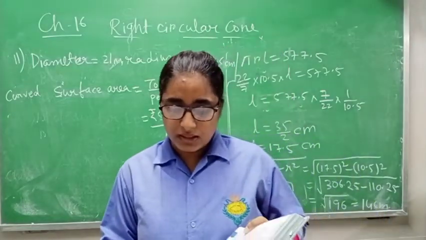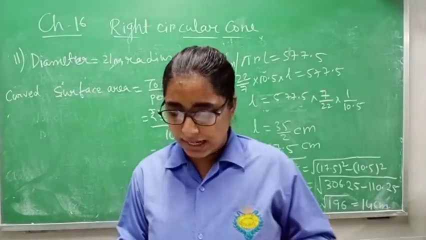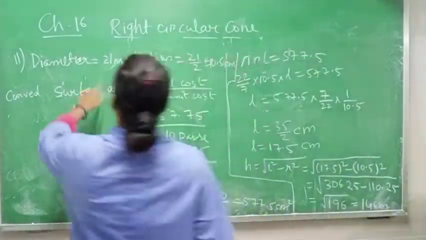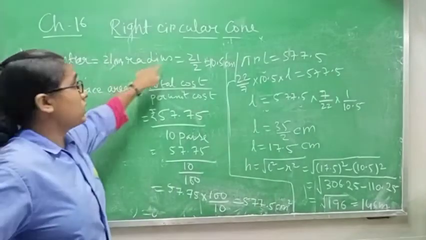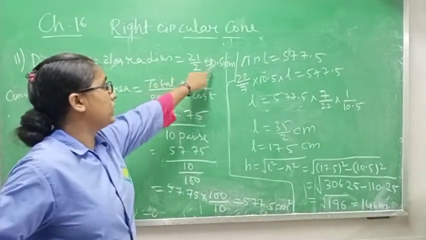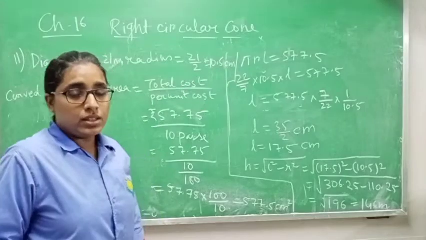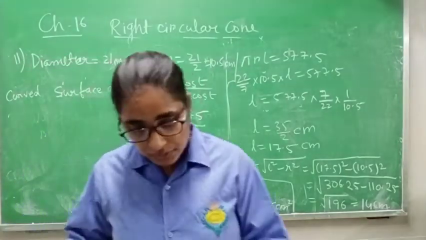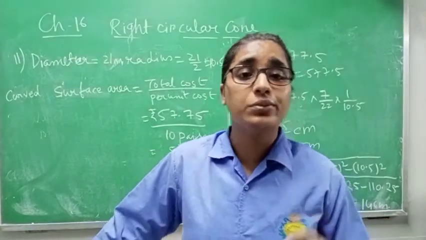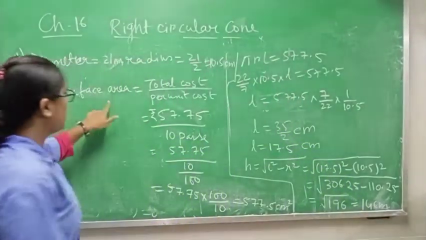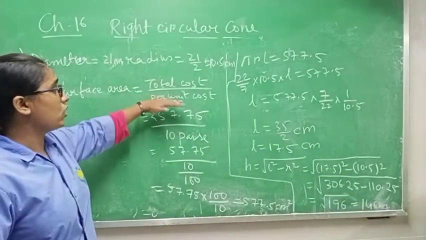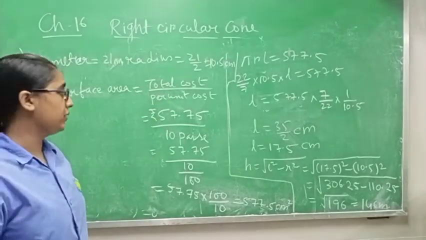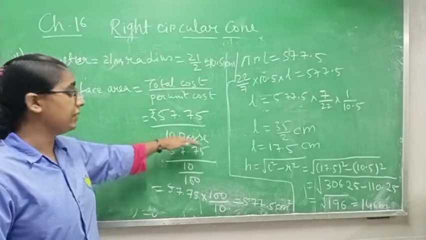Okay, let us calculate the height and slant height of the cornet. Okay, so diameter is given 21 centimeter, radius will be 21 by 2, it means 10.5 centimeter, and they are saying only outer surface. Outer surface means curved surface area. So curved surface area is total cost by per unit cost, because total cost is given 57.75 and per unit cost is given 10 paise.